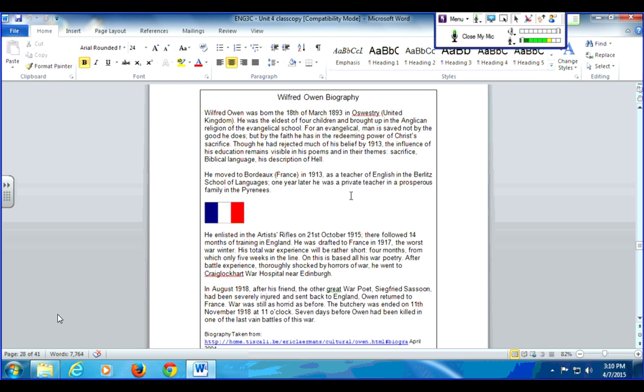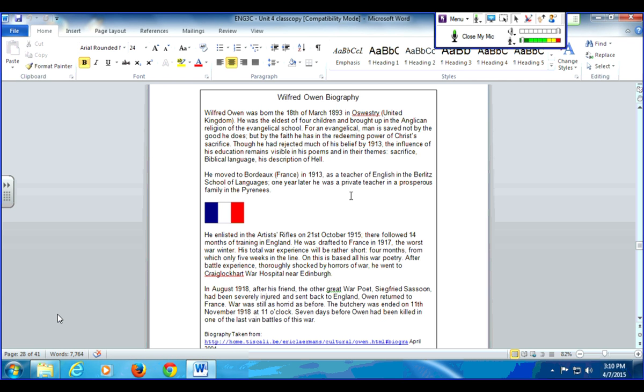He moved to Bordeaux, France in 1913 as a teacher of English in the Berlitz School of Languages. A year later, he was a private teacher in a prosperous family in the Pyrenees, which are the mountains that separate France from Spain.